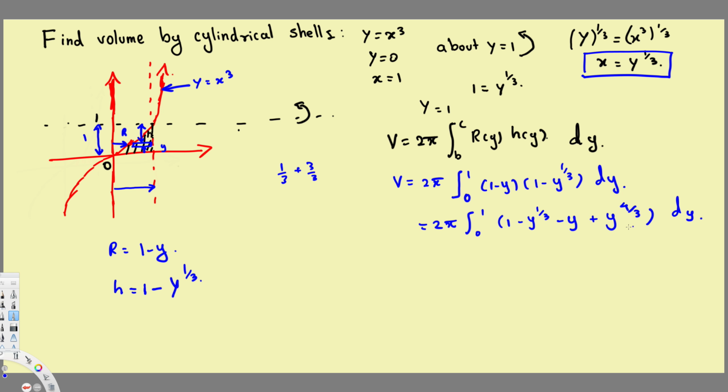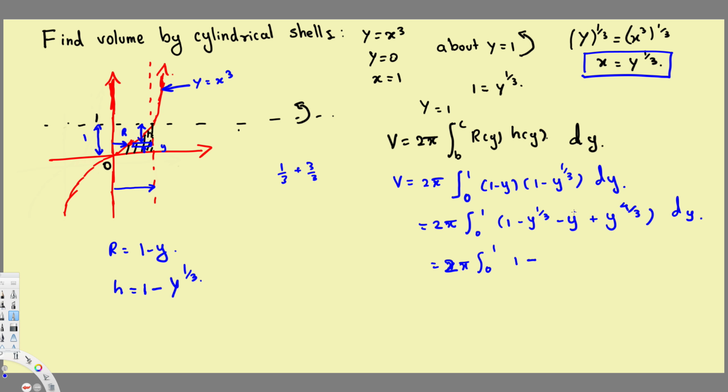Let's see whether we can add them together. If we can add them, that makes everything easier. 2π integral from 0 to 1, and if I write this in terms of thirds, 1 is the same as 3/3. So that's going to give us 1 minus 1 over 3.